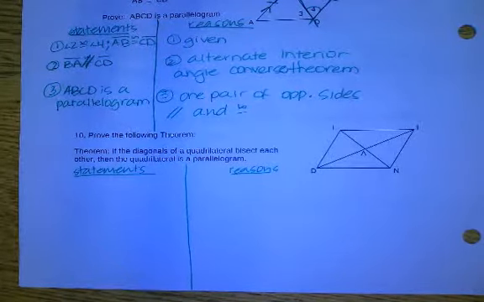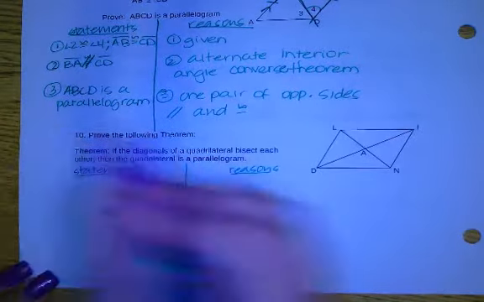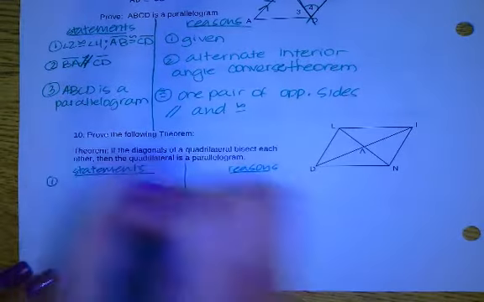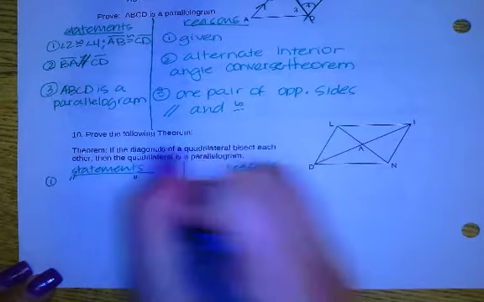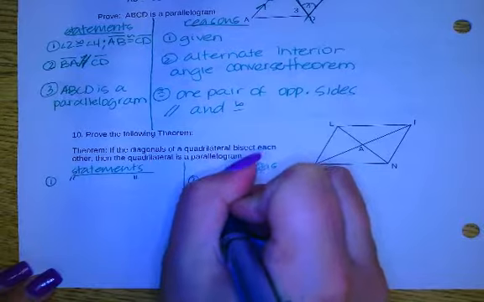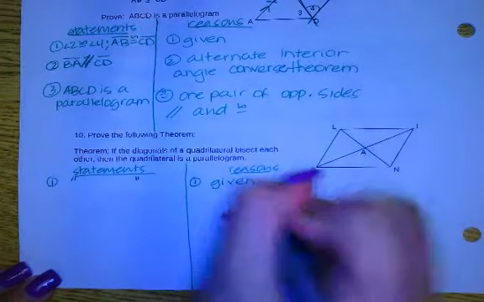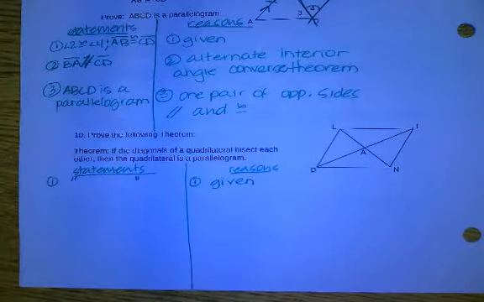Okay, so the first thing is our statement, or our given. If you guys want to write all that, great. I'm not going to for the sake of the room, so I'm just going to write given. Okay, so give me something in that picture that you guys know.